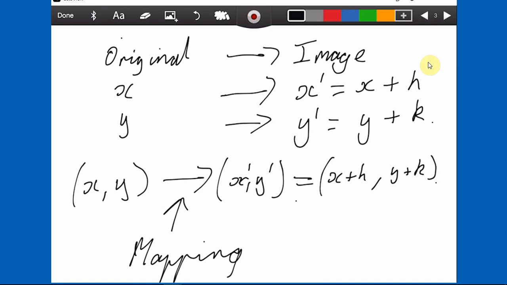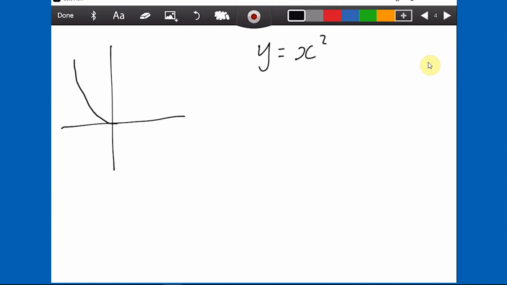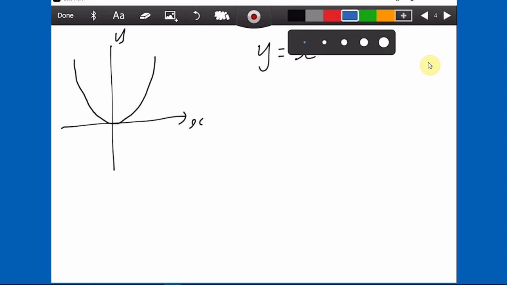Now we've done this with graphs. Say for example, I'm just going to use y equals x squared. So here's y equals x squared. And I might move that to say here, so we'll go across there.